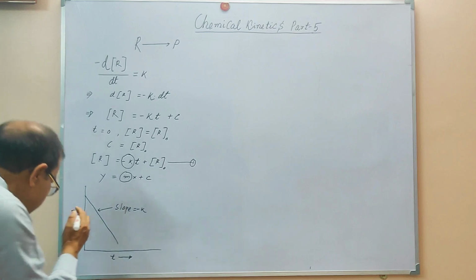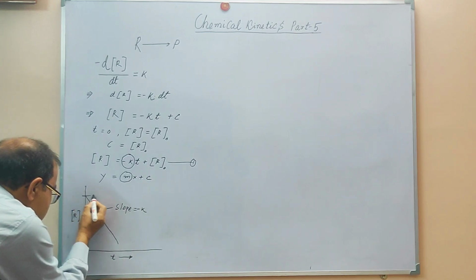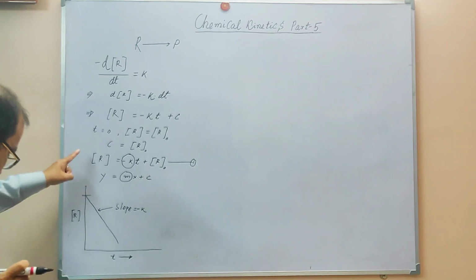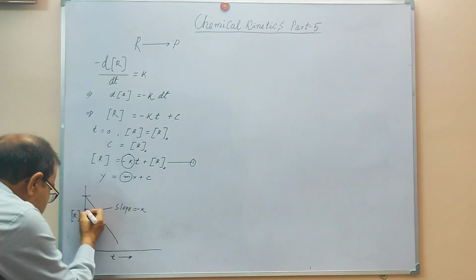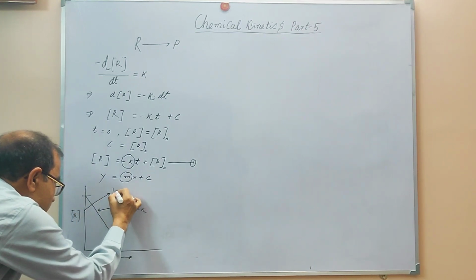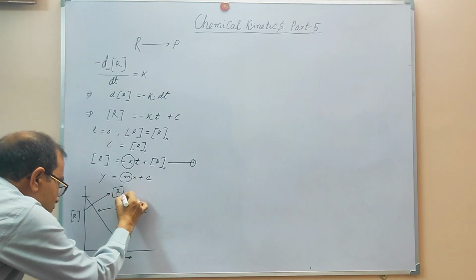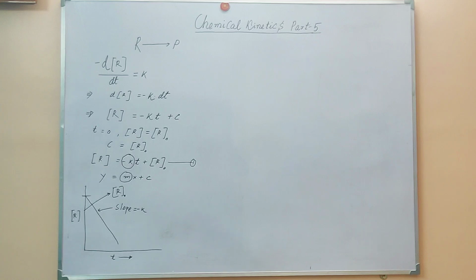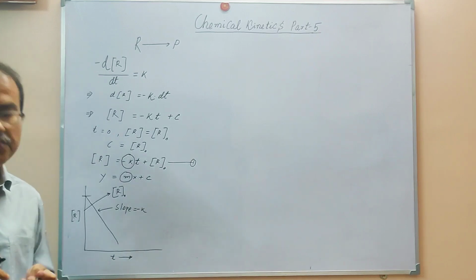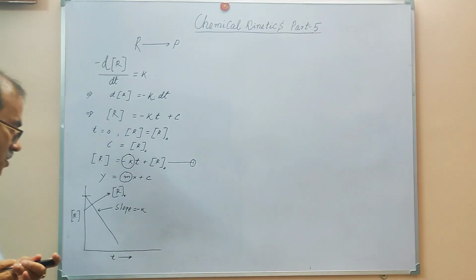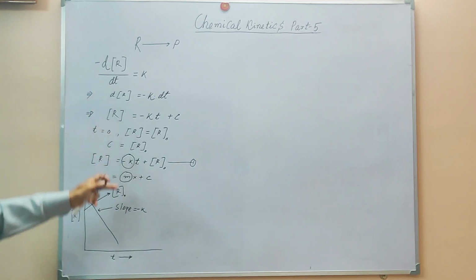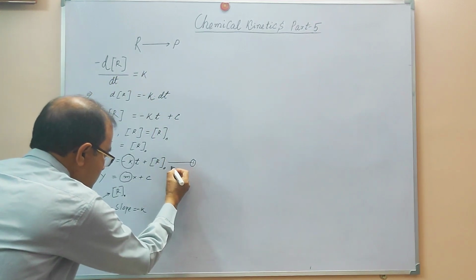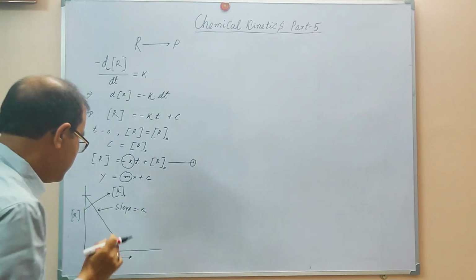This is a very important equation, and we interpret it graphically this way. You can see the intercept: this straight line intercepts the y-axis at R0, which is equal to the initial concentration of the reactant when we start the reaction. So this is the equation for, sorry, a zero order reaction.